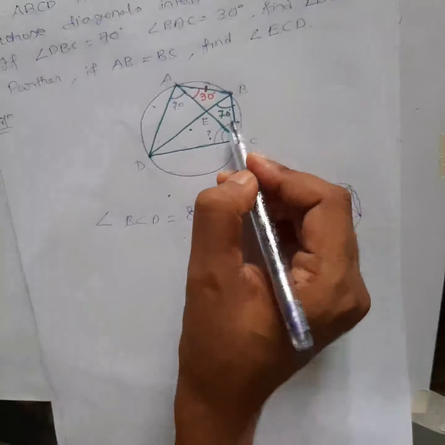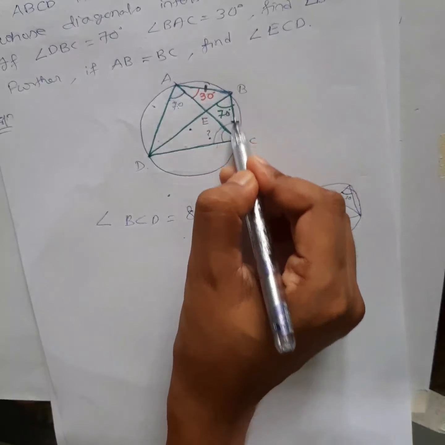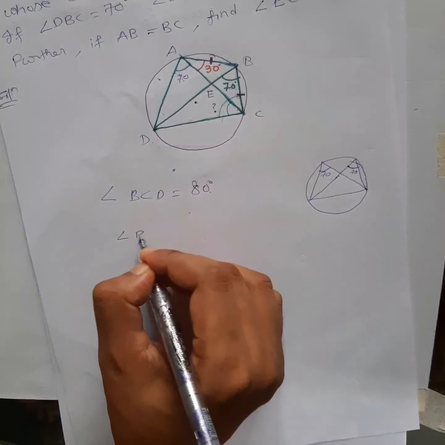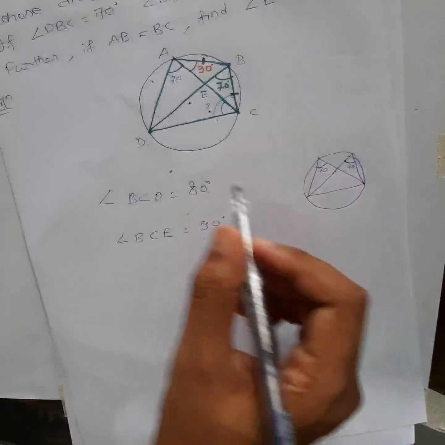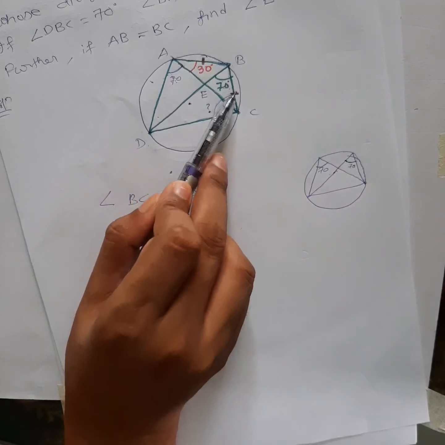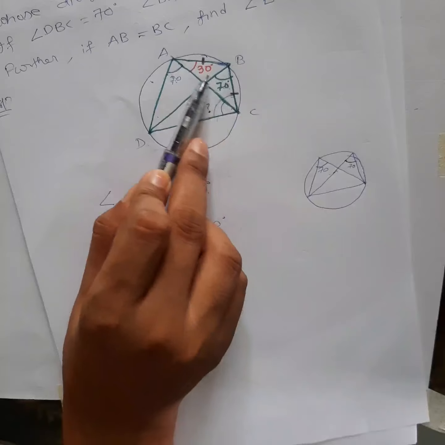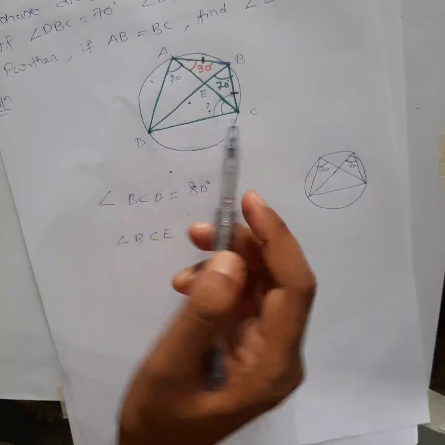Now you have to find out this. Now this also you can easily find out. They have said this is equal. If this is equal, this is an isosceles triangle. If this is an isosceles triangle, angle BCE will be what? 30 degrees, because in an isosceles triangle angles opposite to equal sides are always equal. Opposite to this will be the angle. Opposite to this will be the angle. So this and this must be equal. So this is 30. So this will be how much?